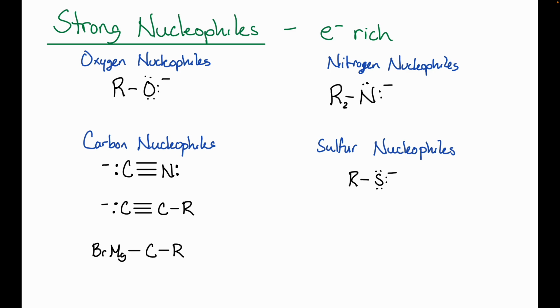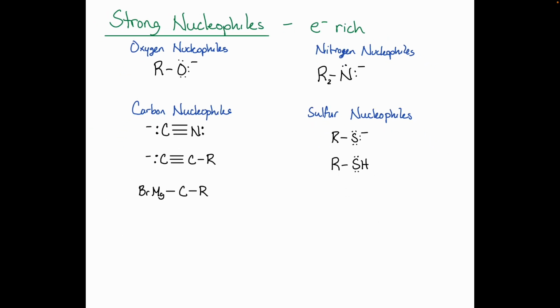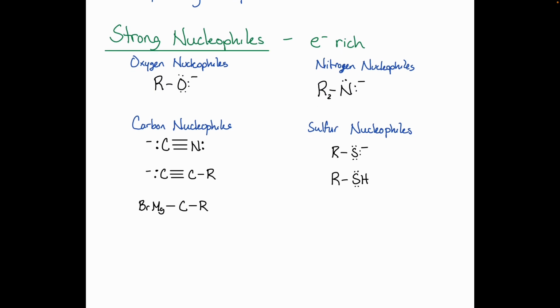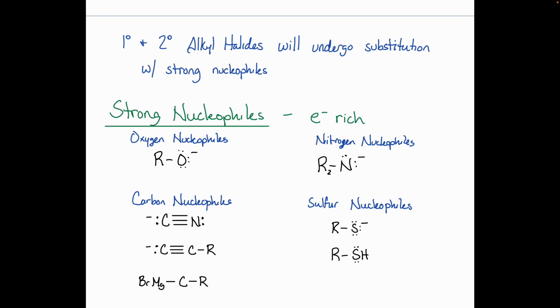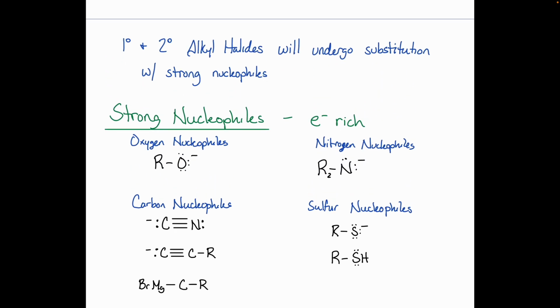Those are good nucleophiles as well, but so are neutral sulfur nucleophiles. Sulfur is the one element that is very, very good at being a nucleophile, even if it is neutral. Okay, so our primary and secondary alkyl halides will undergo substitution with strong nucleophiles.